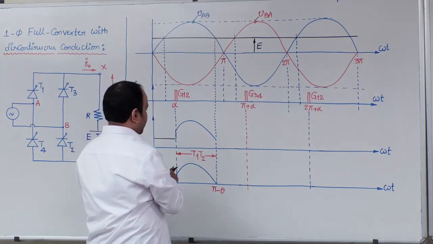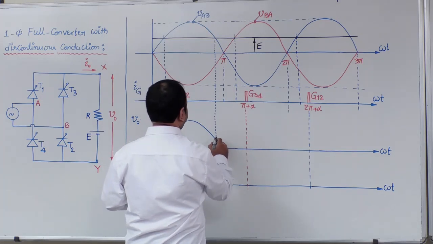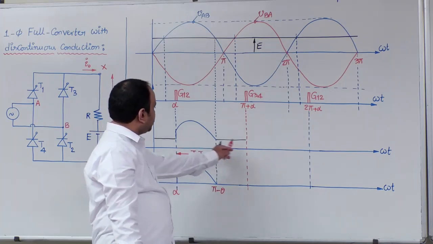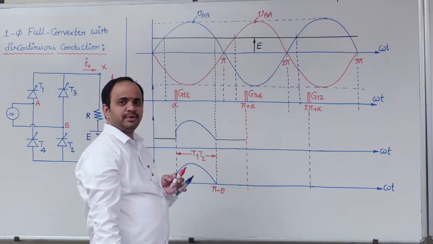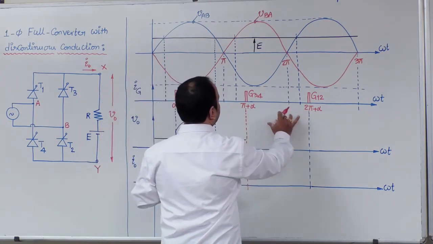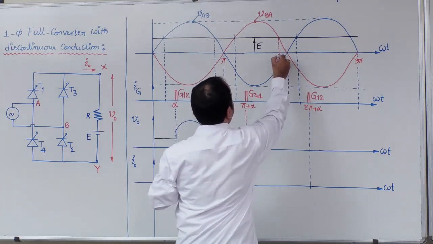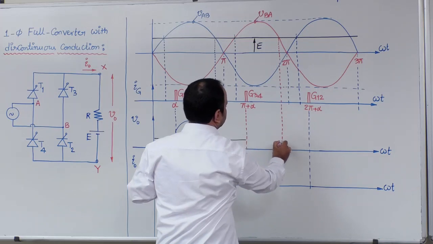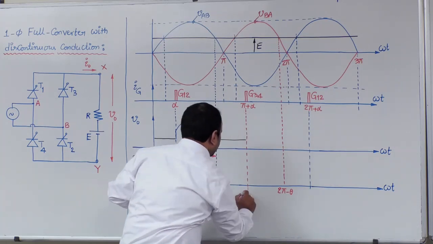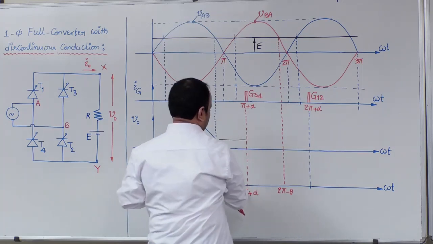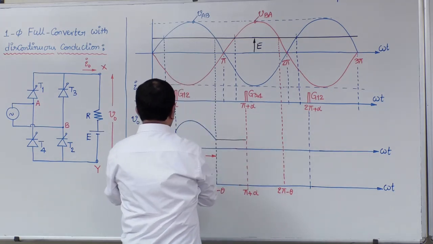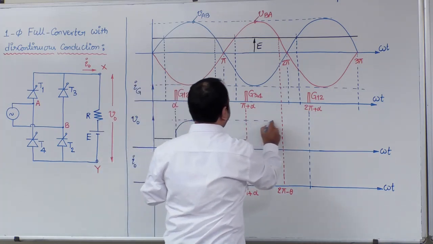Next, from pi minus theta to pi plus alpha, there is a discontinuity. During that discontinuity, the output voltage will be the load EMF E. Next, from pi plus alpha to this particular instant, which is 2 pi minus theta, the conducting devices are the T3 T4 devices.